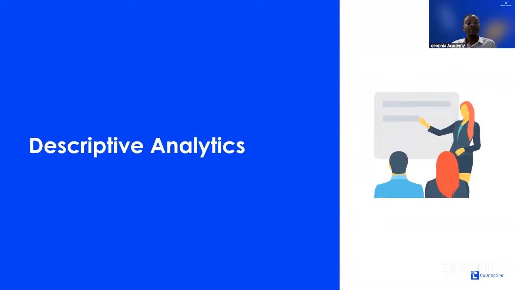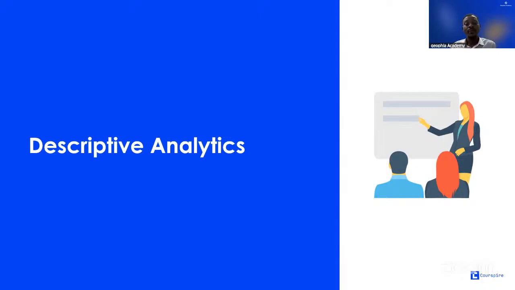So, my bad. This is descriptive analysis. So basically, you are trying to describe exactly the past in your analysis. The techniques we use here are data aggregation, gathering of data, data mining, data visualization, and then finally reporting.